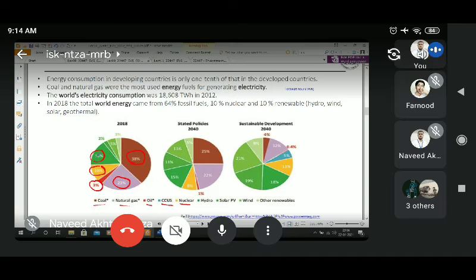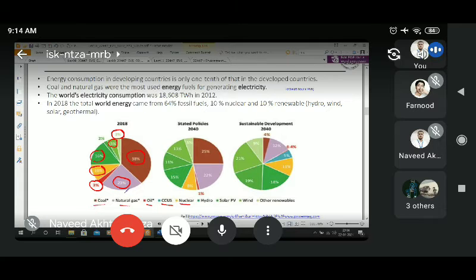Now we are using solar PV, that is 2%, and then wind you can see here 5%, and other renewable sources, tidal power, geothermal, etc. we are using 3%.